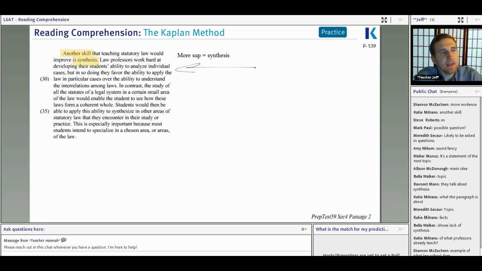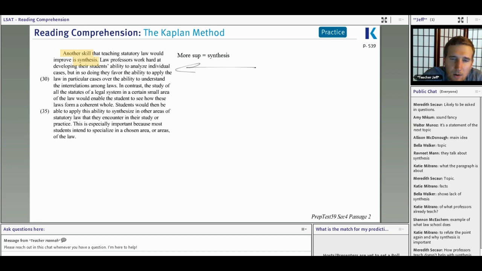Law professors. This is a moment where a lot of students can get lost. They can wonder, why is the author bringing up law school again? What do you think that would be? Why would the author ever mention what law school is doing? Because notice it says law professors work hard developing their students' ability. Why would the author ever bring that up?